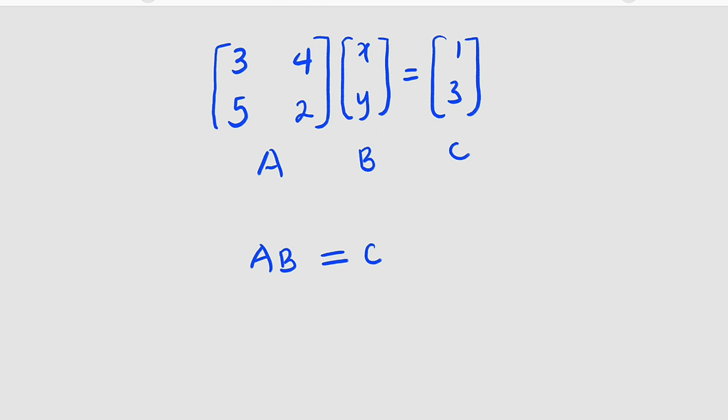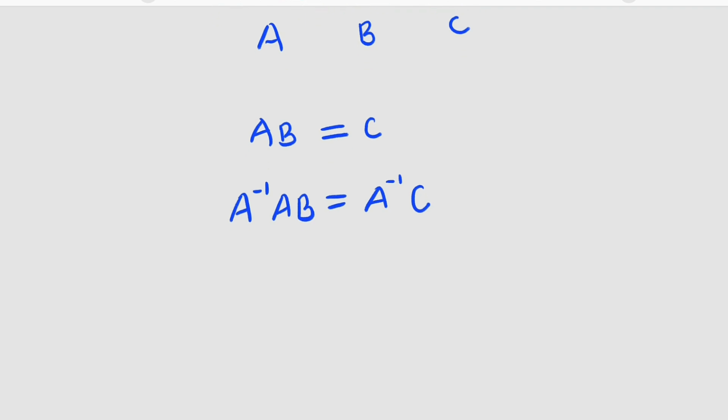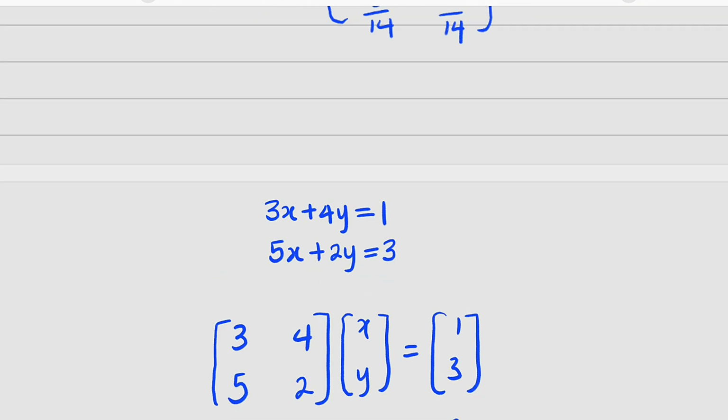Remember, since we are looking for the values of x and y, we are going to make B the subject. So we multiply both sides by A inverse, because A inverse will cancel A. A inverse multiplied by AB is the same thing as A inverse multiplied by C. A inverse cancels A, so we have B equal to A inverse multiplied by C. Already we have our A inverse here.